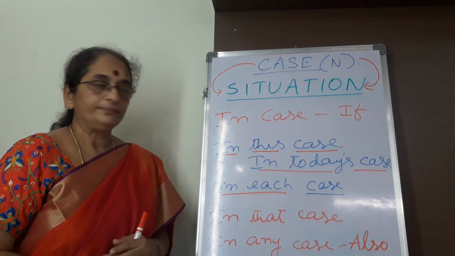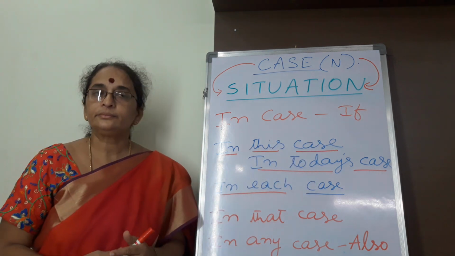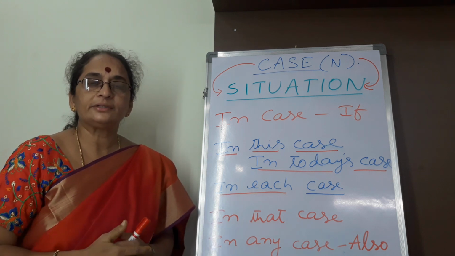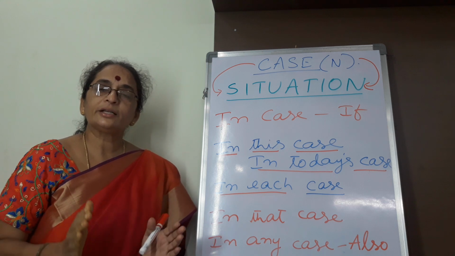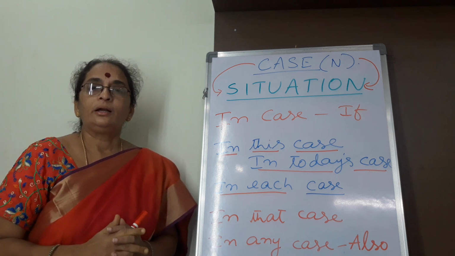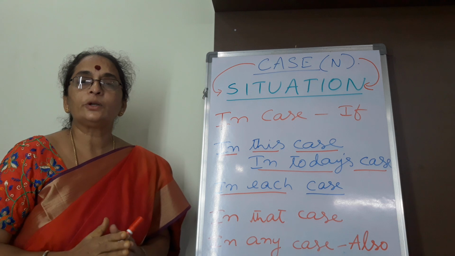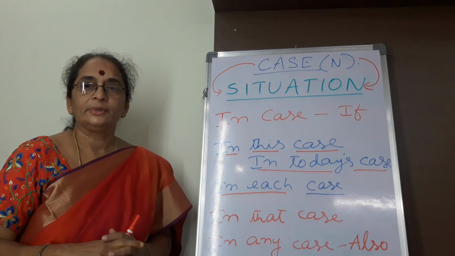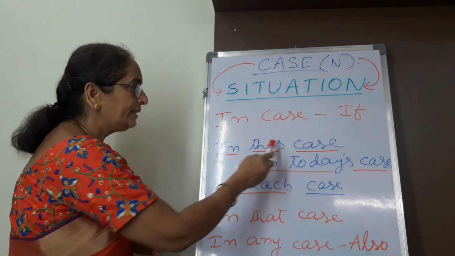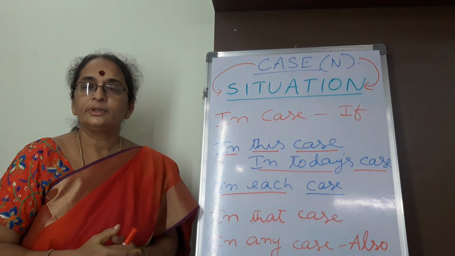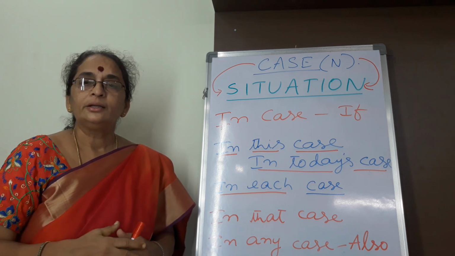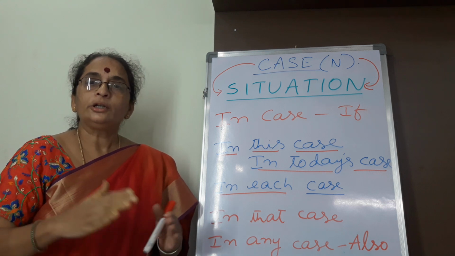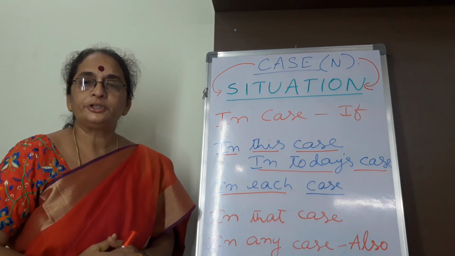In another set, in this case, this is another phrase. See students, let us discuss one example. The examinations for the students are not taking place now because of some conditions. In this case, this is an exception. In this case means here, the situation that had taken place, the non-conduct of the examinations.